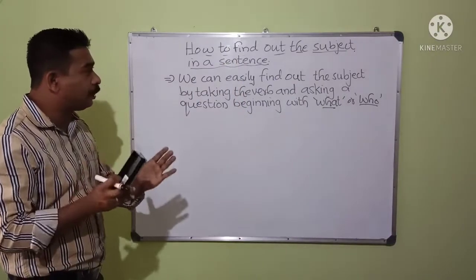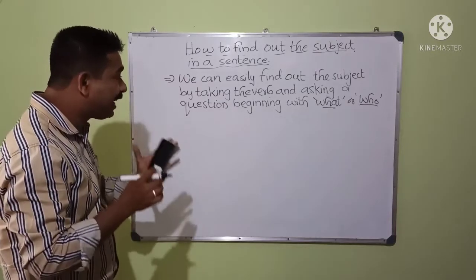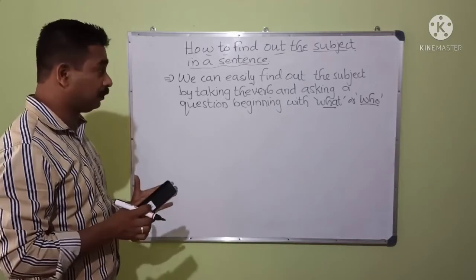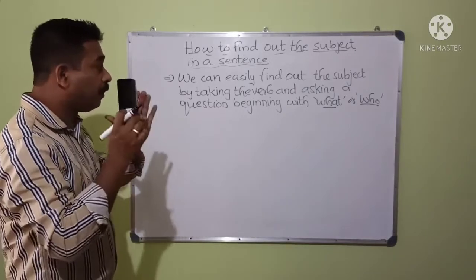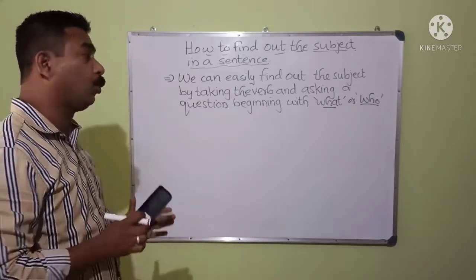In order to find out the subject of a sentence, we must take the verb and ask a question to the verb. The question should begin with what or who.